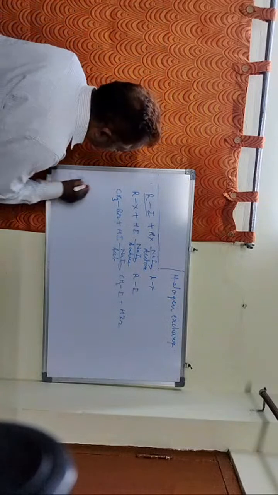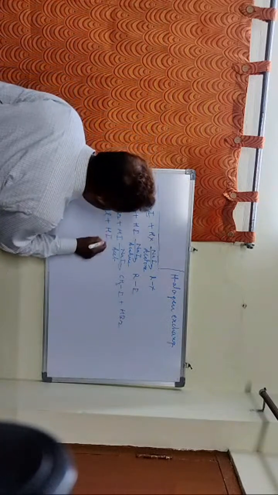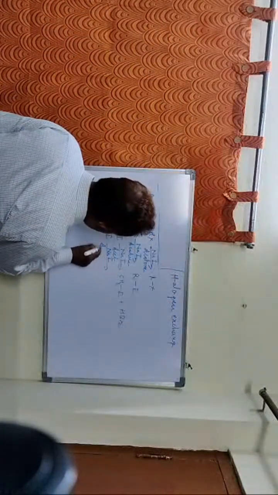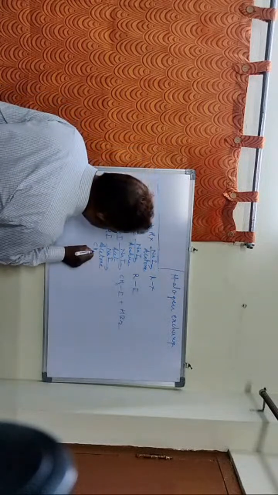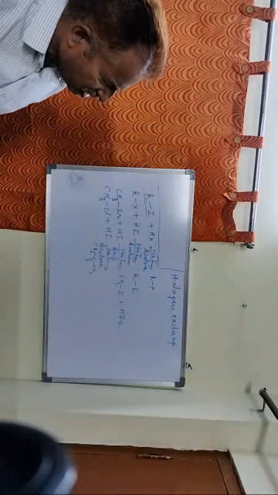In the same manner, CH3Cl plus HI, in the presence of NaI and acetone. What is the formula of acetone? CH3C=OCH3. This is a reaction medium.